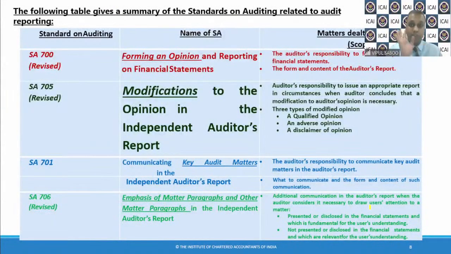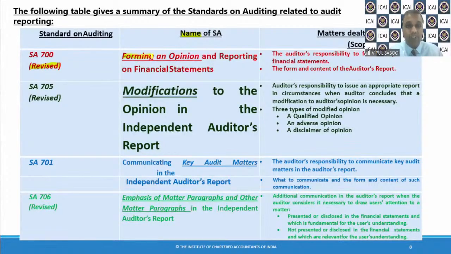Okay, so on screen you can see the various standards on auditing which we need to cover in this chapter. Audit report. So SA 700 revised, it was revised recently. The first column is the SA number, the second column is the name of the SA, and the third column is on what matter this SA lays down provisions, or the scope of this SA. SA 700, forming an opinion.